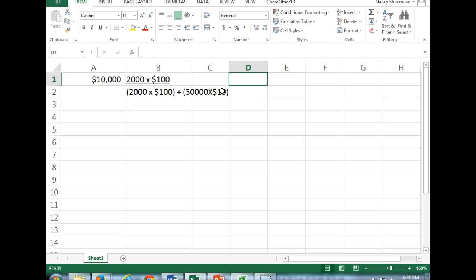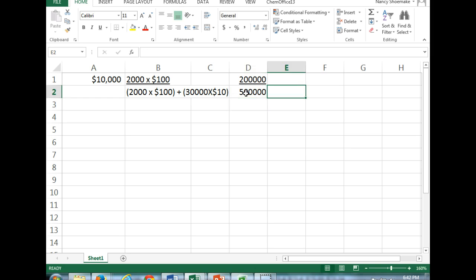So the 2,000 shares times $100, divide that by all the stock outstanding. If you calculate that, basically 200,000, we're dividing that by 200,000 plus 300,000, or 500,000.